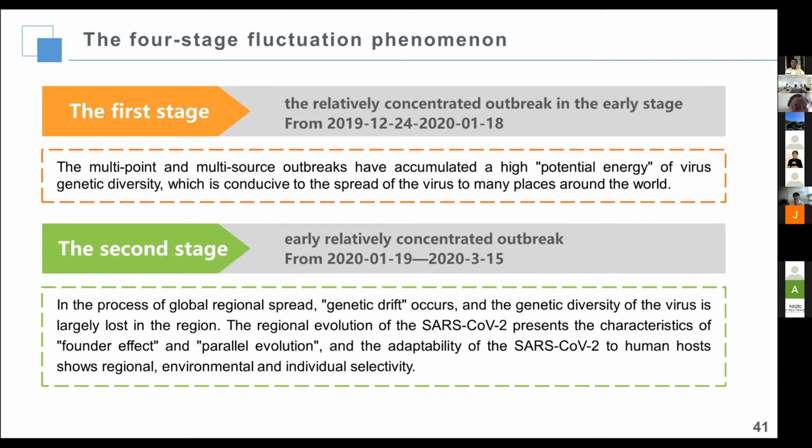The multi-point and multi-source outbreak accumulated a high potential energy of virus genetic diversity, which is conducive to the spread of the virus to many places around the world.